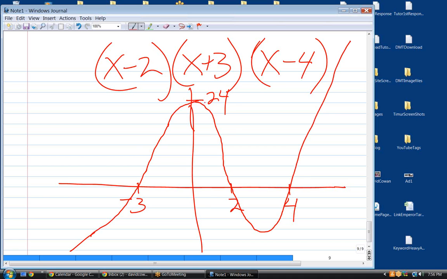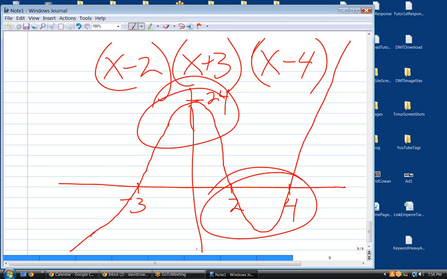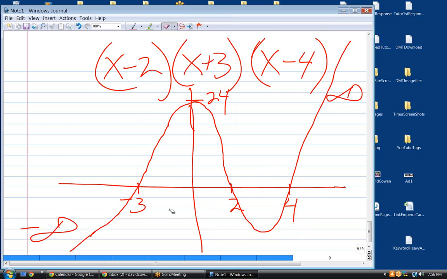That's a cubic, has two extrema. Left-hand end behavior is negative infinity, right-hand end behavior is positive infinity, which assures that it looks like this and not coming down from there, going through 2 there, and then back through 4 there.